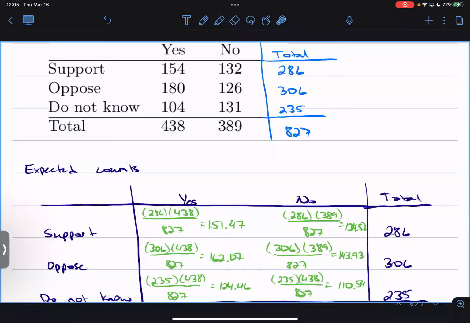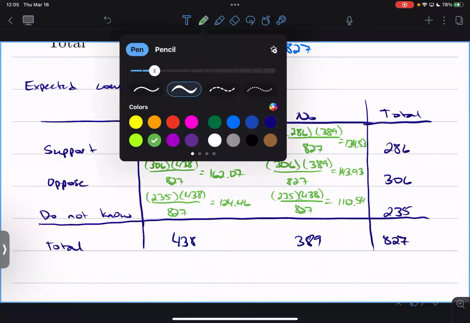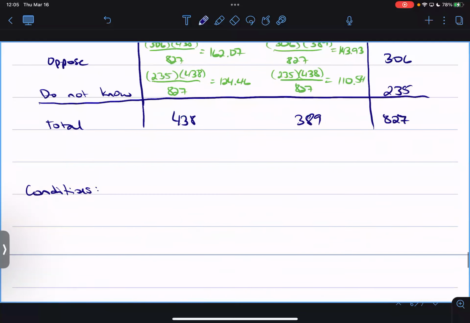Okay, so now with the expected counts, all of these are more than 5, so that's good. I'm ready to check the conditions. The first is independence.